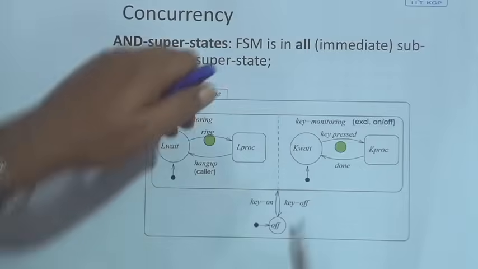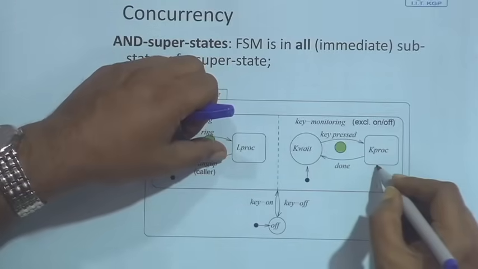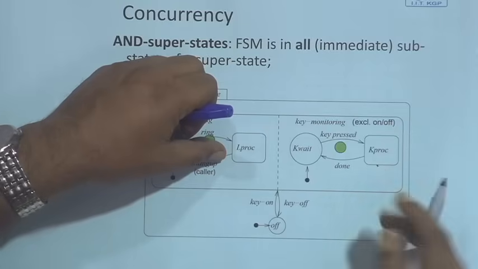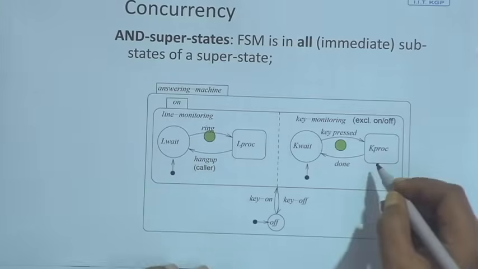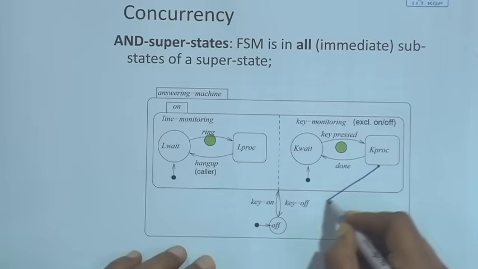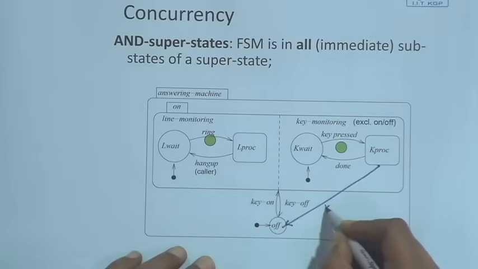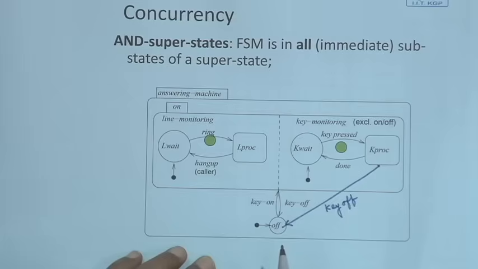Now, how can I do entering and leaving this? Say for example, I was in K proc, and then I have pressed the key off. I press that, then that will immediately bring me to this off state.